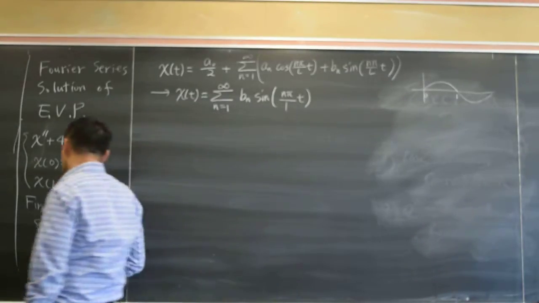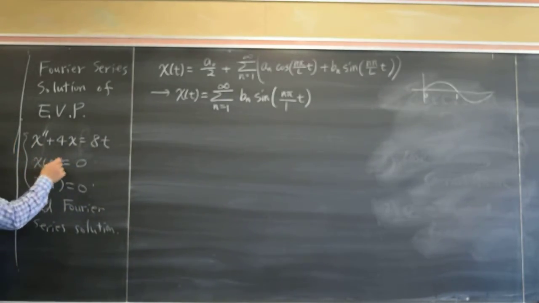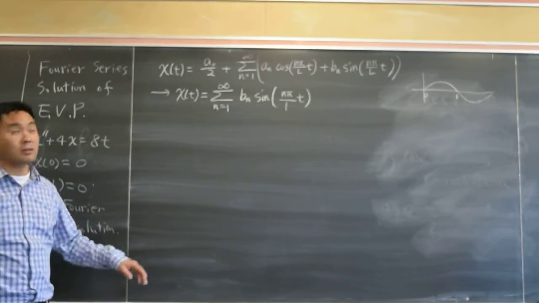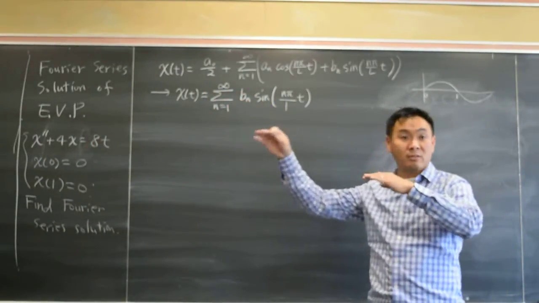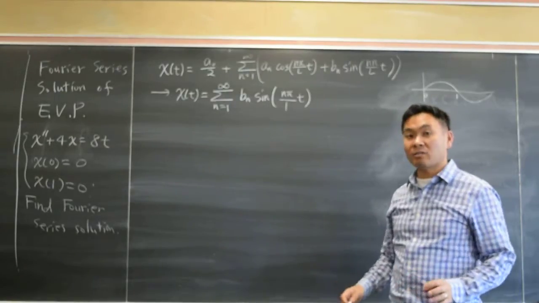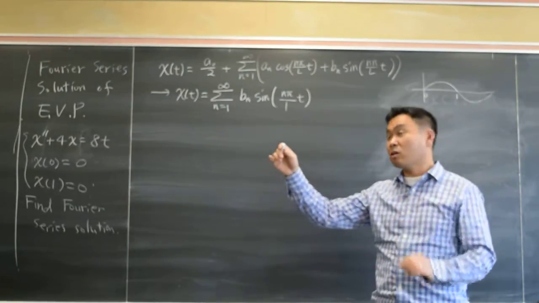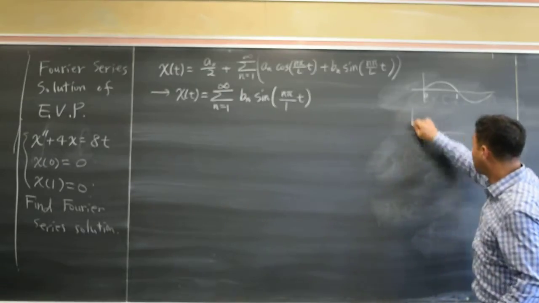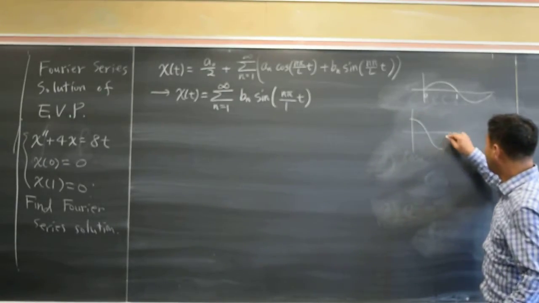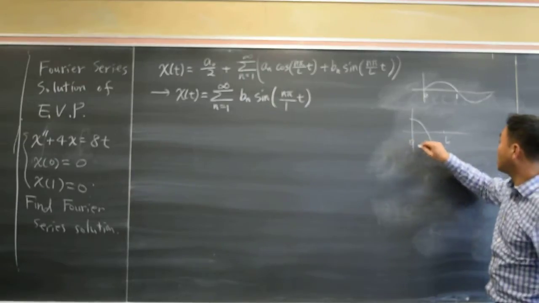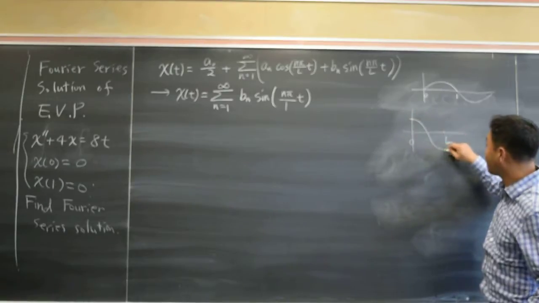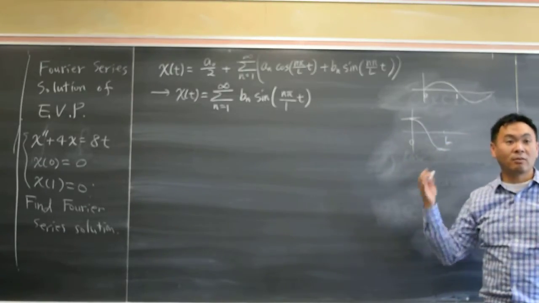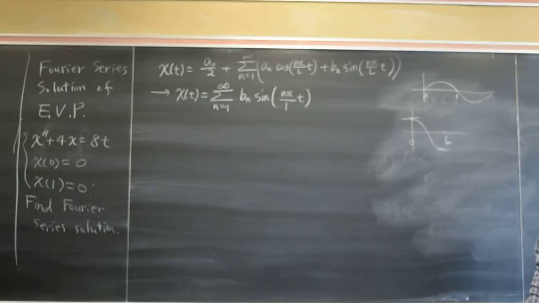Now, if your endpoint value conditions were instead x prime of 0 equals 0 and x prime of 1 equals 0, you would have picked the cosine ones. Okay? Because the cosines have 0 derivative at the endpoints. Right? Sine has 0 value at the endpoints. For the cosine function from 0 to L, at the endpoints you have a horizontal tangent, so the derivative equals 0.